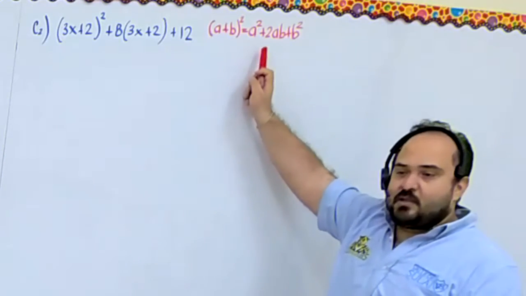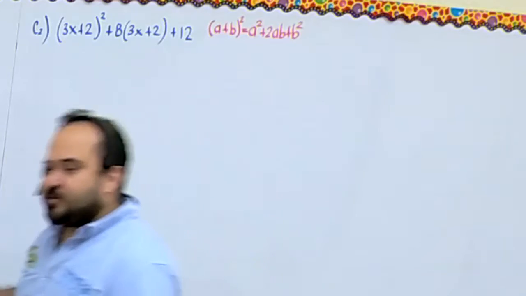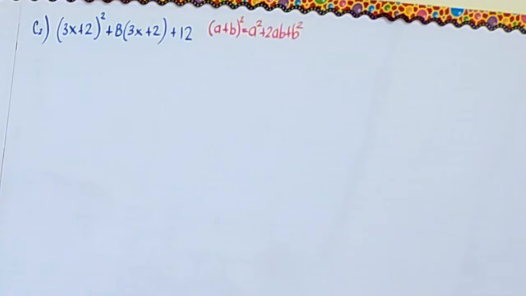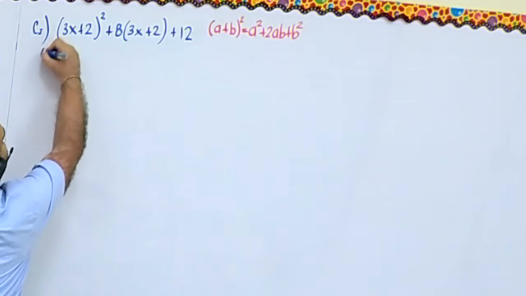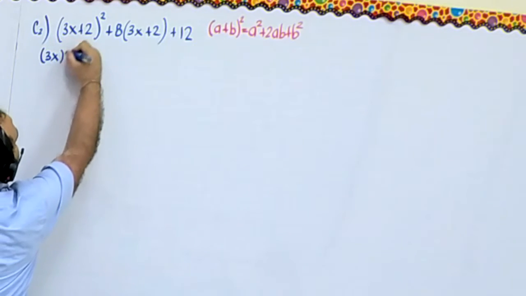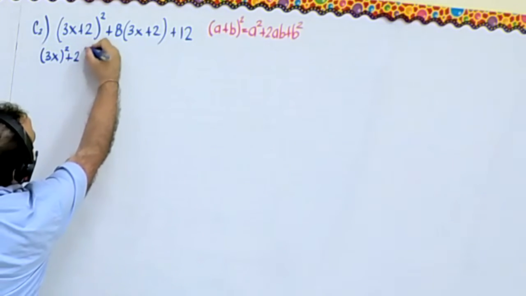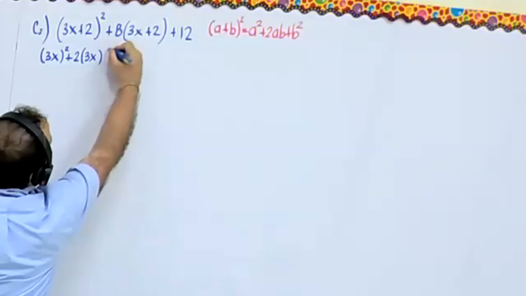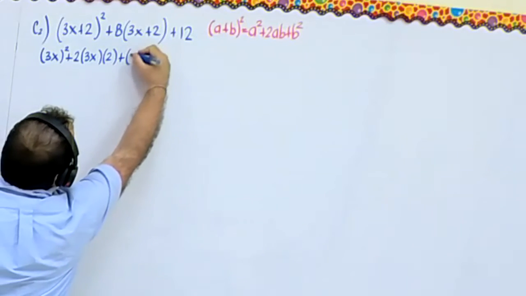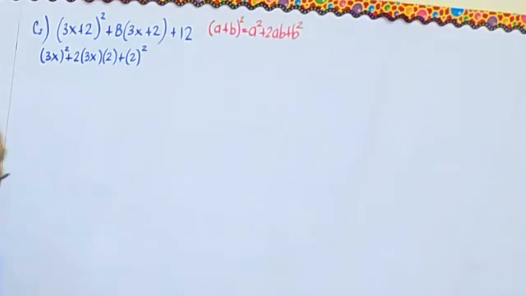I'm going to start using the special product at the beginning of the equation, step by step. That will be 3x second power plus twice 3x times 2 plus 2 second power.